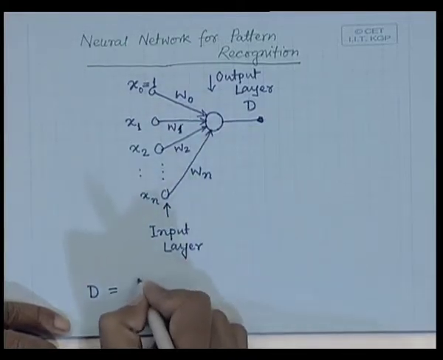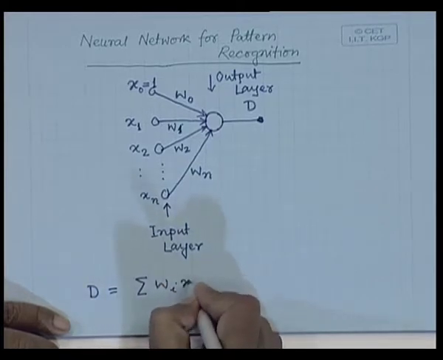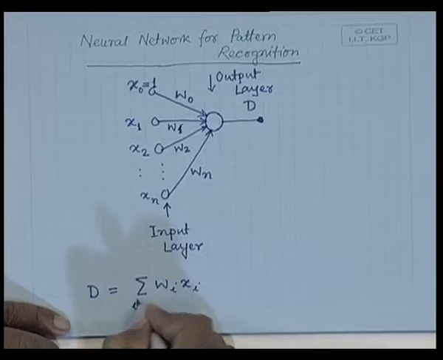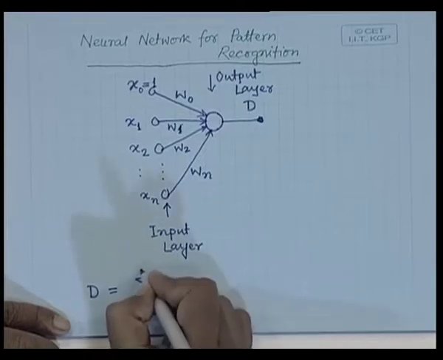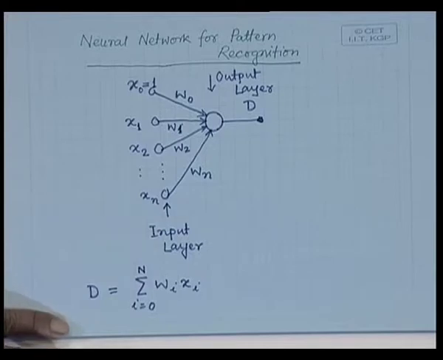So, it will be simply the summation of W i x i, where i varies from 0 to n, okay, where n is the dimensionality of the feature vector and x 0, which is usually set to 1, is there to take care of the bias weight, okay.